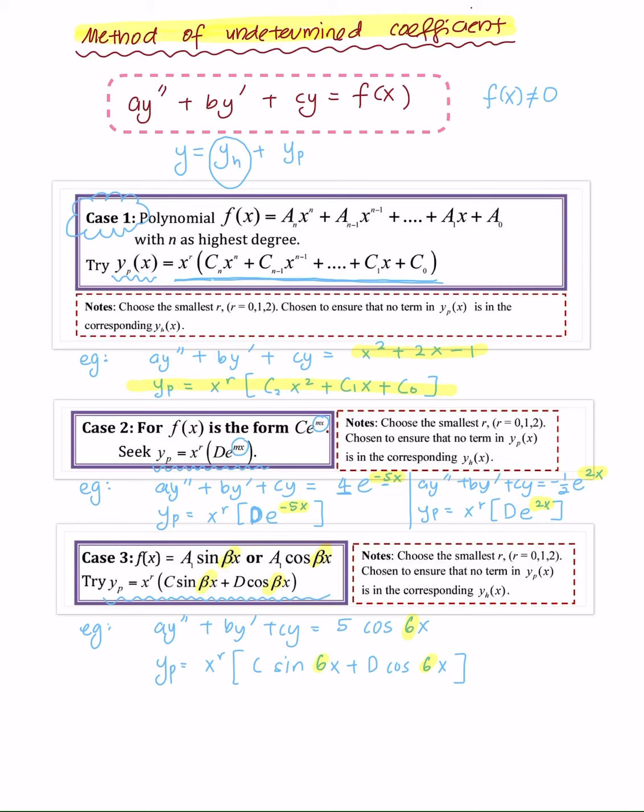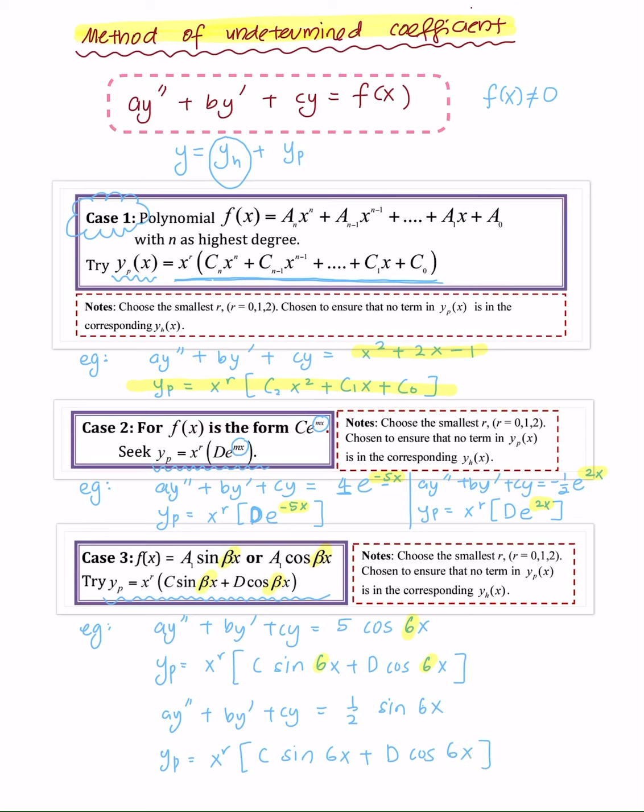Alright, let's say another example: ay'' + by' + cy = half sine 6x. The same thing, right? Just now it was 5 cos 6x, now it is half sine 6x. Therefore our yp is still the same thing, c sin 6x + d cos 6x.